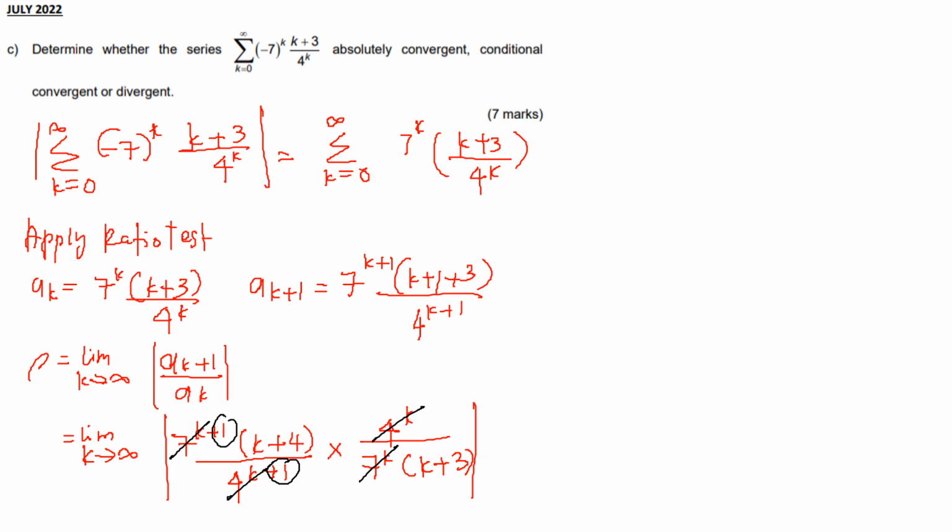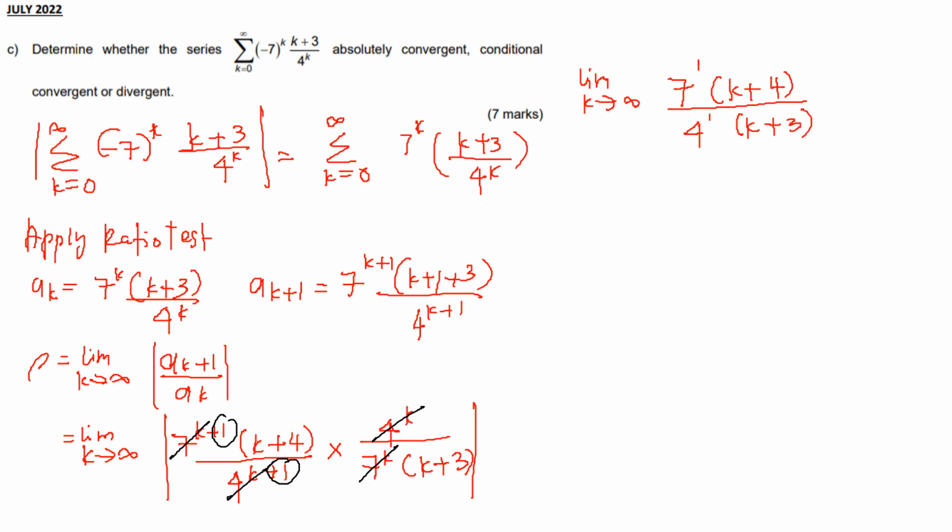Okay, so we continue. Limit as k approaches infinity, 7 over 4 times (k+4) over (k+3).